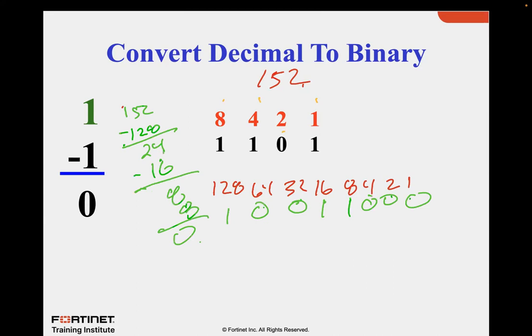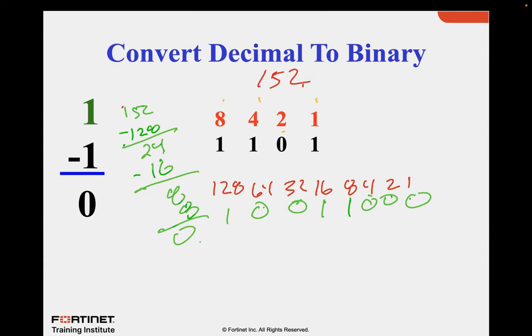Now, for this course, all I want you to have is an understanding of how this works. You can go online and just type in binary calculator, and you get a piece of software that will convert binary to decimal and decimal to binary. But I want you to have a sense of when we talk about a binary number, where it came from.